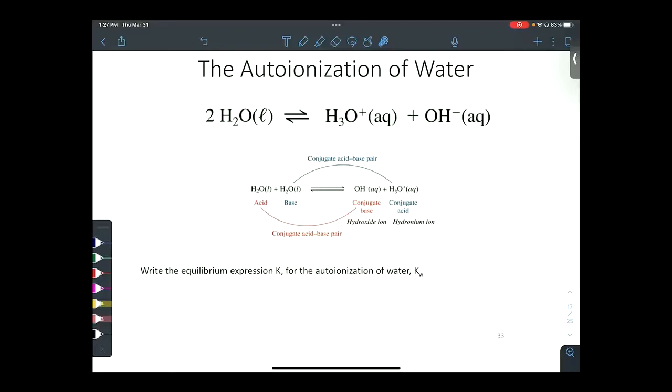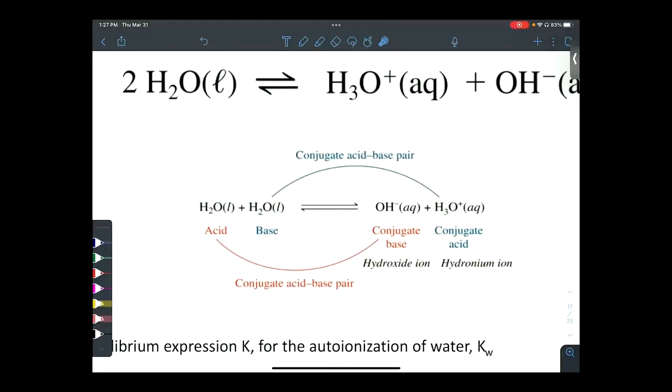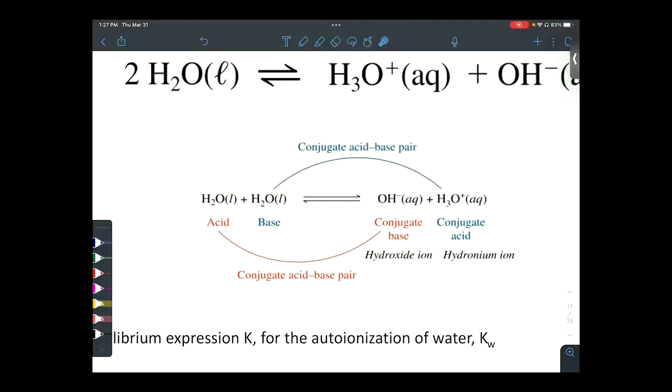Water actually does undergo some chemical reactions in a pure solution or a pure sample of water. Oftentimes what happens is that water can self-ionize itself. Because remember we said water, H2O, can act as an acid and a base. It can accept a proton and it can release, or donate, a proton. So water can do that to itself.